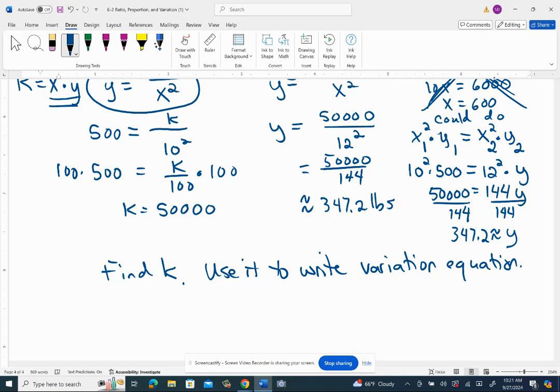Just remember that for direct variation, your variation equation would look like this, and it would look like this type of thing if it's inverse variation. Then watch the words of the problem, because on that last one, we had the weight varying inversely with the square of the length, so we actually had to get a square on that denominator.